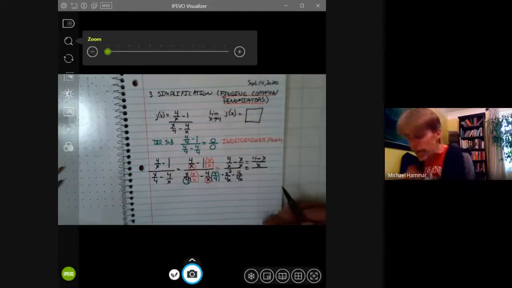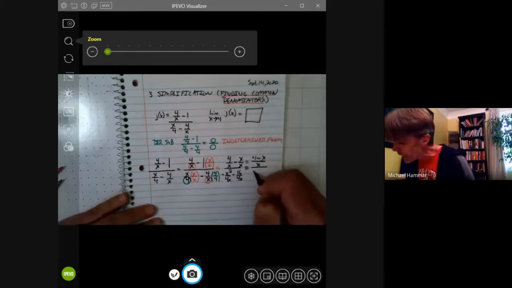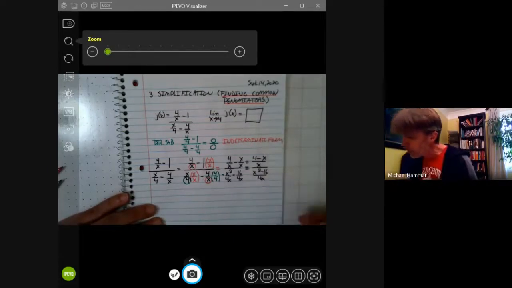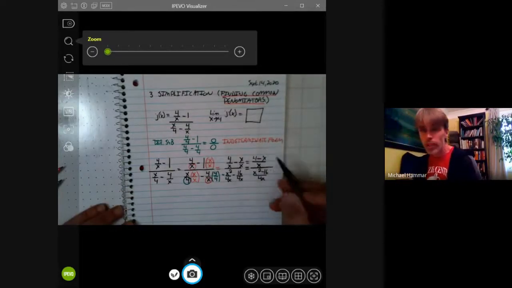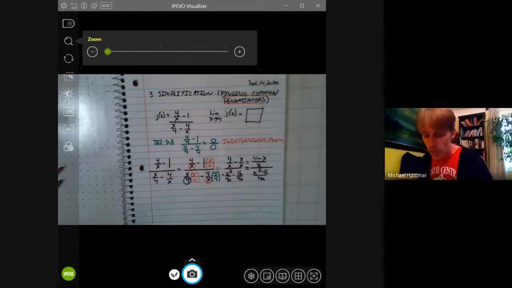So when we combine and put these all together, we get x squared minus 16 over 4x. So here is the fraction that we are now working with. Notice it seems almost even a little more complicated at this point, but it's not that bad. We're going to just keep simplifying this down.